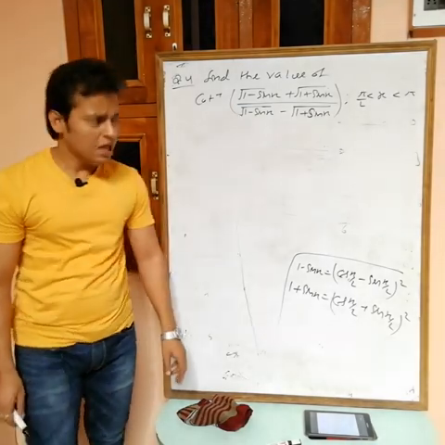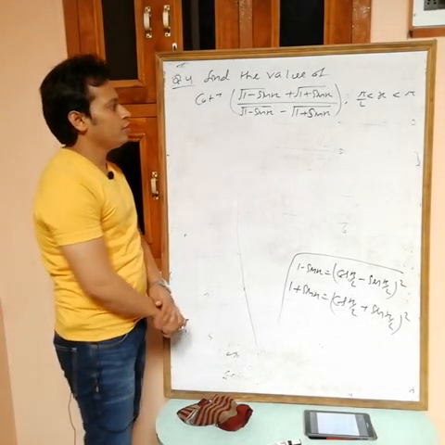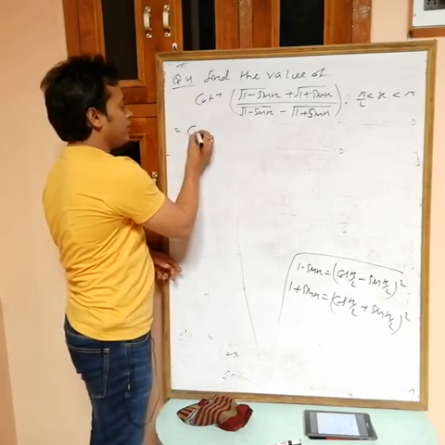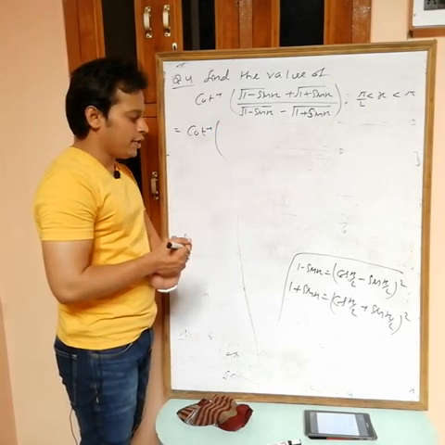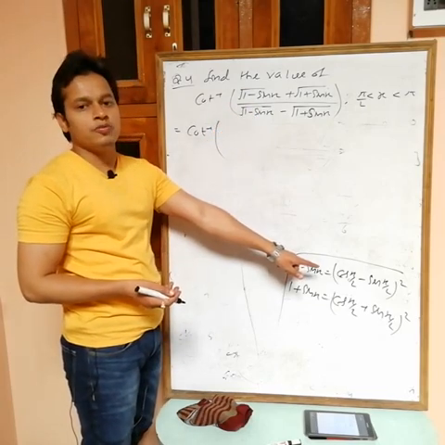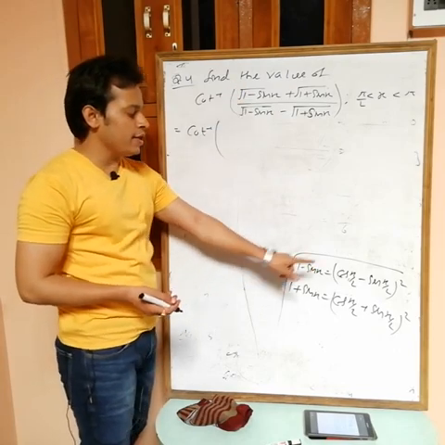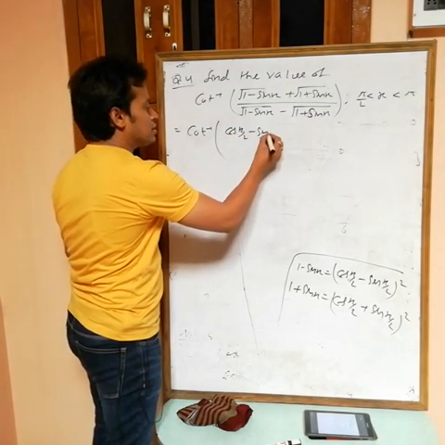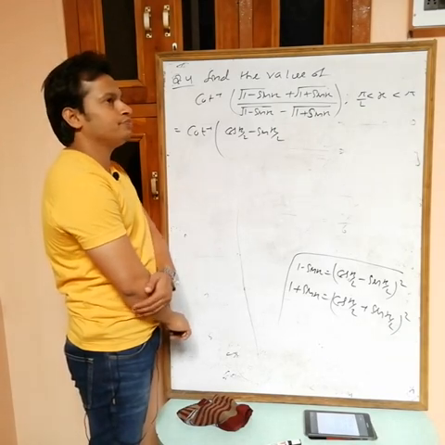Now why am I taking this question? Because here we have one thing to remember. First put the value, then you will get cot inverse. Simplifying, 1 minus sin x is (cos x by 2 minus sin x by 2) whole square, then root of it is cos x by 2 minus sin x by 2. Now check, is this okay or not?